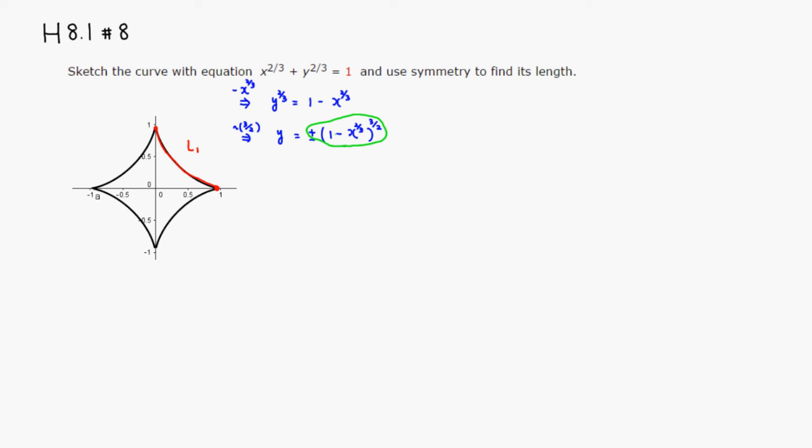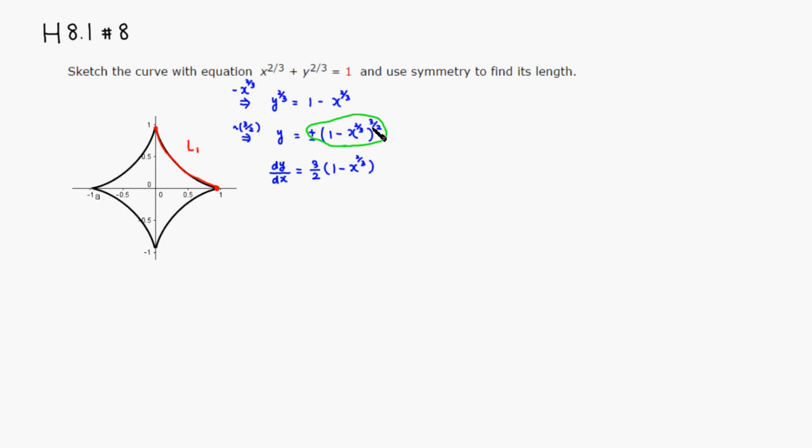Let's take the derivative. dy over dx is going to be equal to the 3/2 in front, then keep the same inside function, 1 minus x to the 2/3 power.